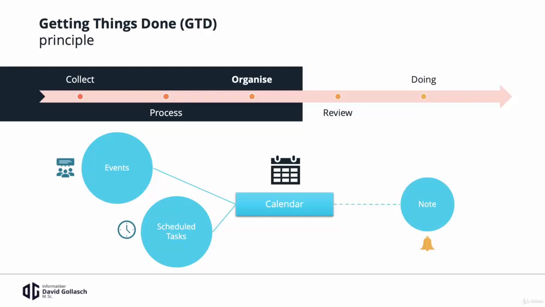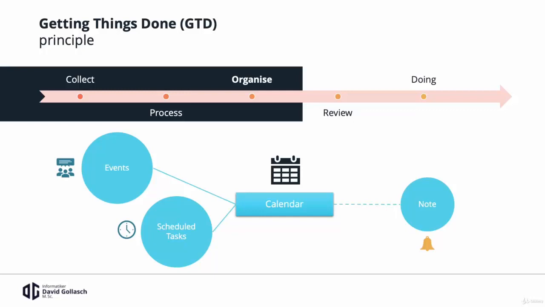date and time. So all of those tasks that are completely scheduled, so it's clear and fixed when you have to start doing the task and when you have to finish doing this task, then it's something that you as well take down into your personal calendar. And if you want to get reminded, if there's an alert, or if you want to get notified for a certain thing at a certain time, then it's something that you put into your calendar as well with a reminding function within your calendar.